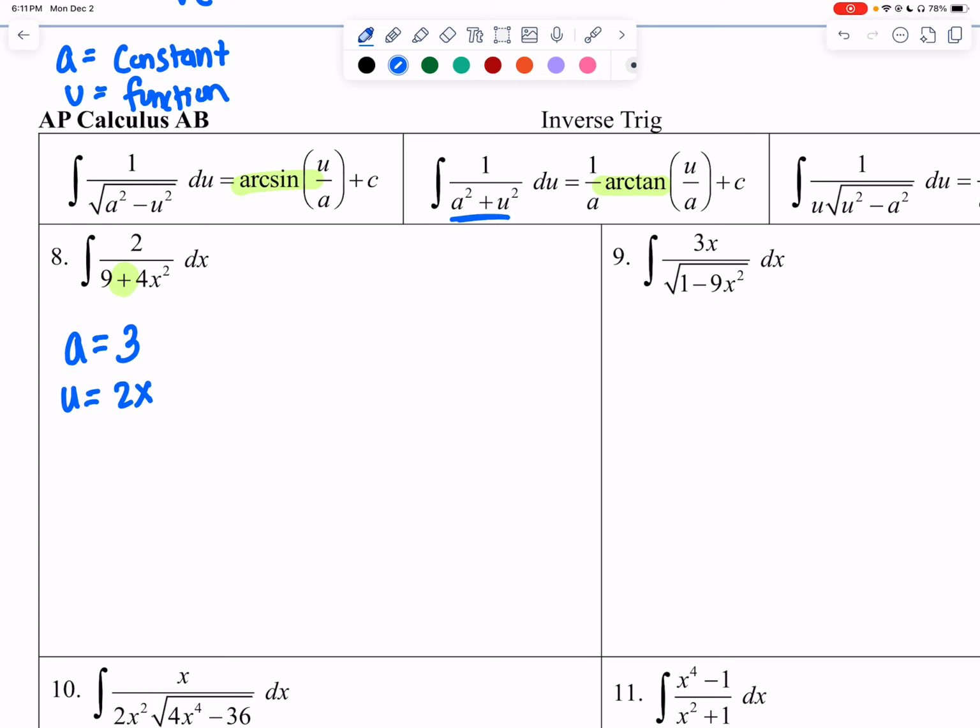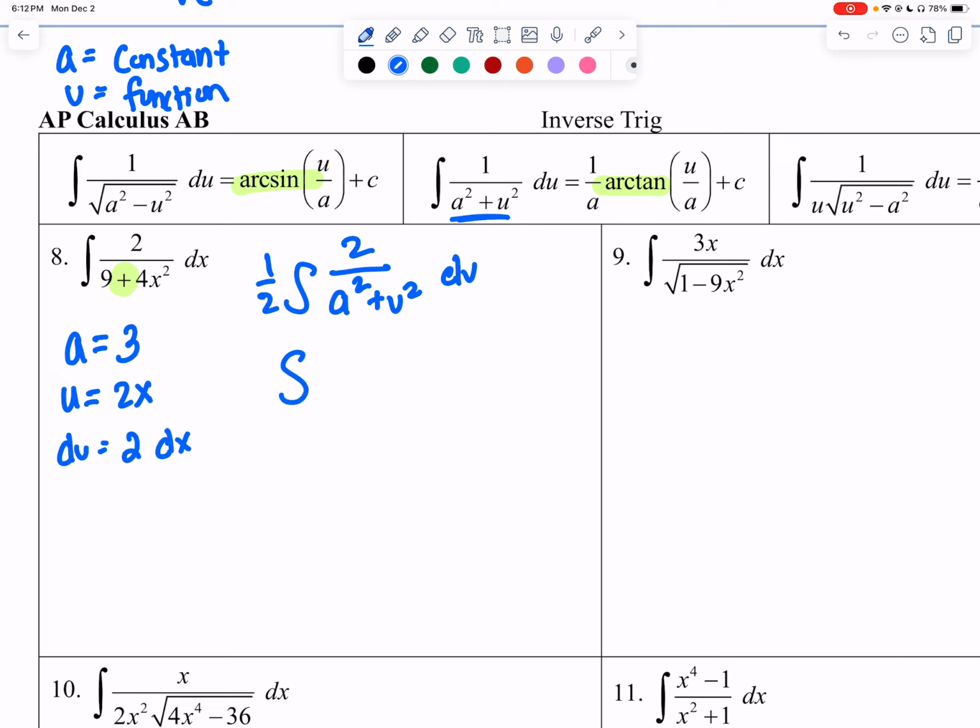Now, I'm going to be using u-sub. So now I have du being 2 dx. And then I am going to go ahead and change this so that it is in the form of this right here. So now I have the integral of 1/2 times 1 over a squared plus u squared du. The 1/2 and the 2 will cancel out.